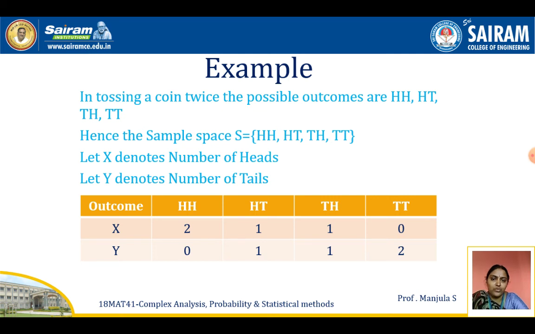Similarly, the X value for head and tail: head is 1, tail is 1. Similarly, tail head: head is 1, tail is also 1. TT represents there is no head, so the X value is 0, and both times tail, the value of Y will be 2. Here, you just observe, instead of using alphabets or words, I use numbers, that is real numbers 0, 1, 2.